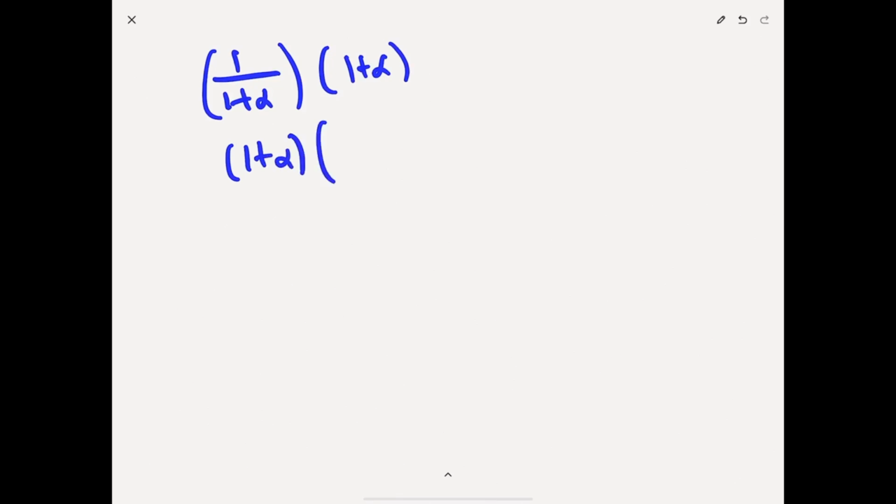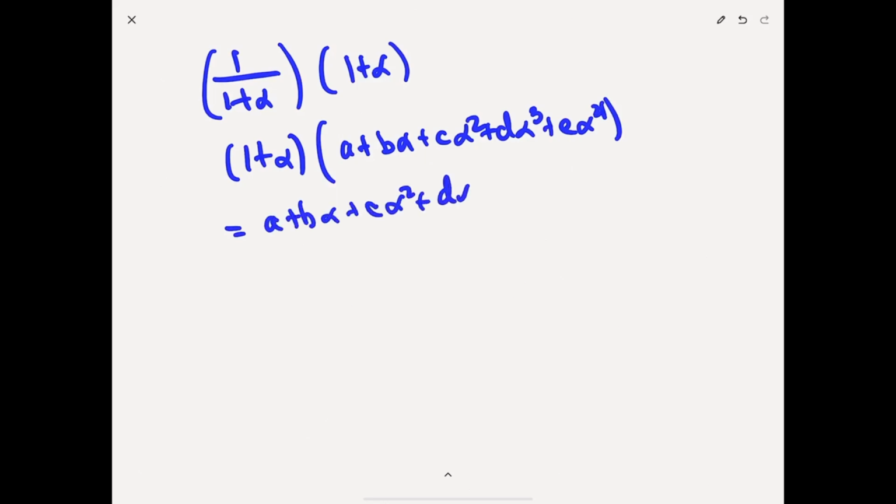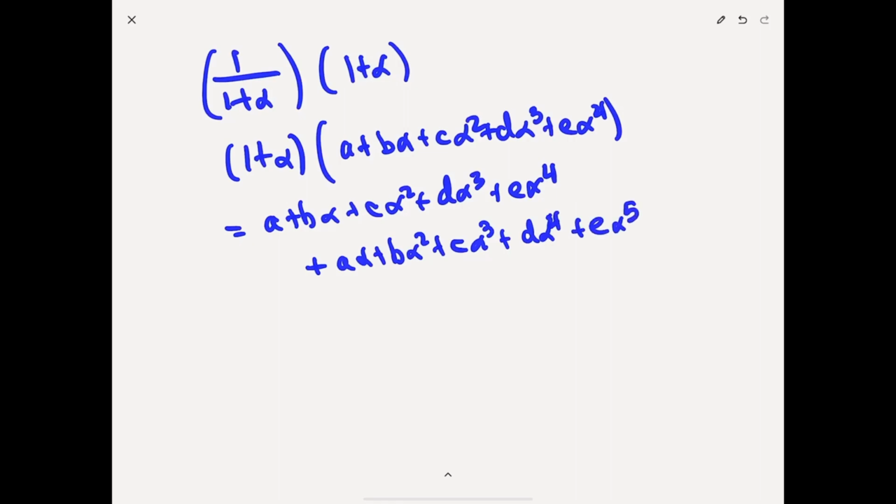You could write something like a plus b alpha plus c alpha squared plus d alpha cubed plus e alpha to the fourth, and then we just multiply this out: a plus b alpha plus c alpha squared plus d alpha cubed plus e alpha to the fourth, plus a alpha plus b alpha squared plus c alpha cubed plus d alpha to the fourth plus e alpha to the fifth. And then you just collect all the terms.